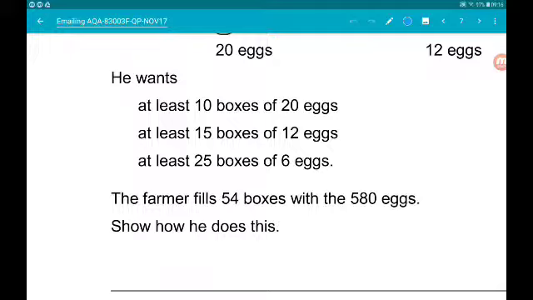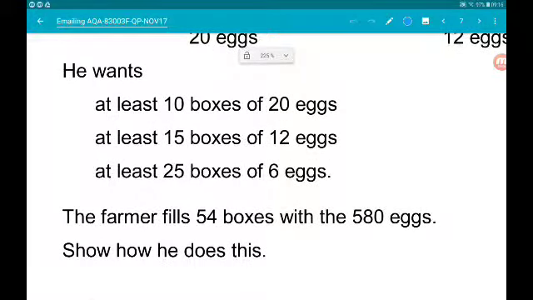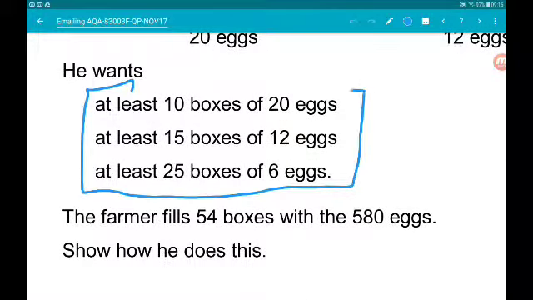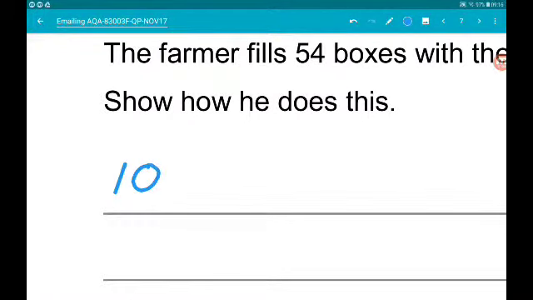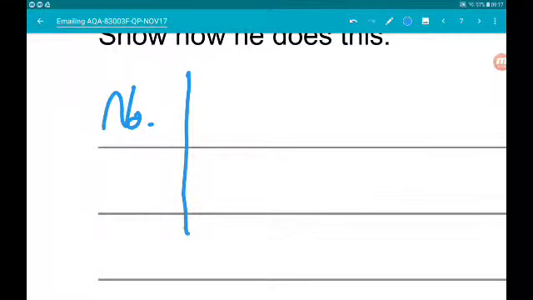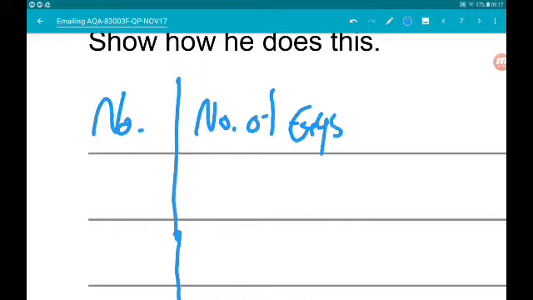Okay, so let's deal first of all with these guys. So he wants at least 10 boxes of 20 eggs. So 10 boxes, let's say the number, and I will say number of eggs, and then we'll say total eggs.